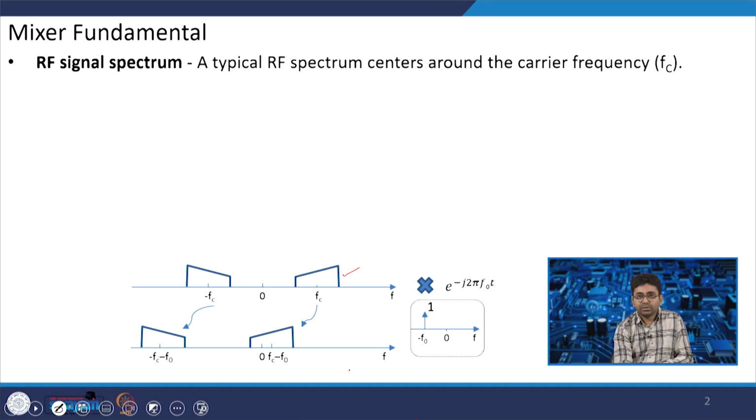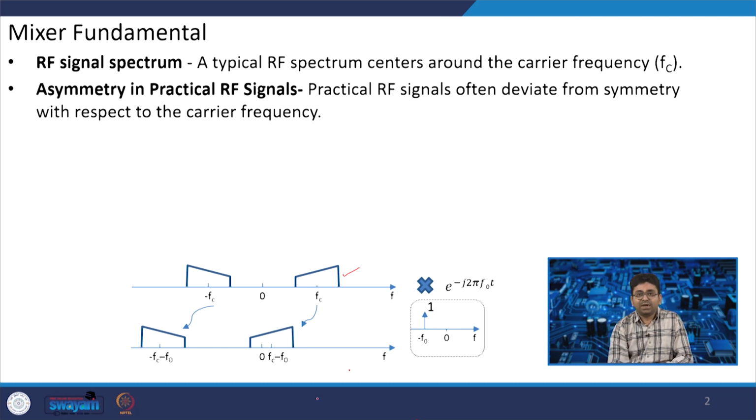We have seen while discussing the RF receiver architecture that if both amplitude and frequency modulation are there, then there is a change in the amplitude, so your signal will not have symmetry. A typical RF spectrum is centered around a carrier frequency Fc, and you can see it is unsymmetric.